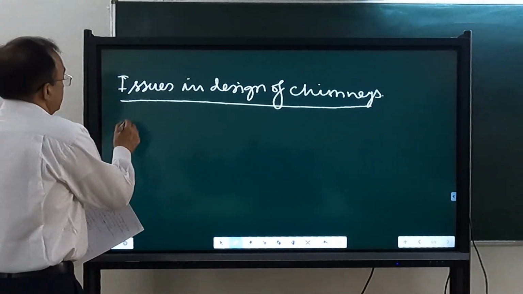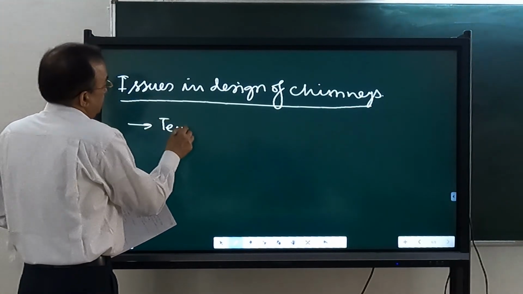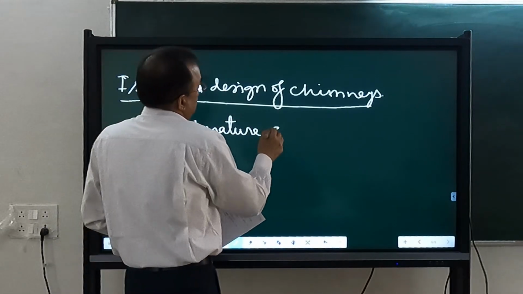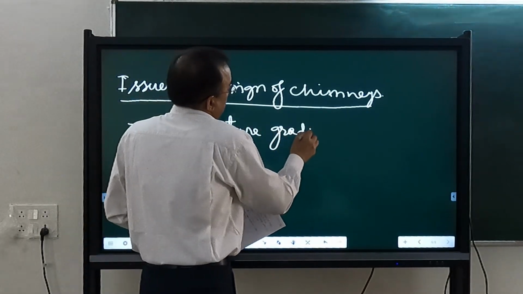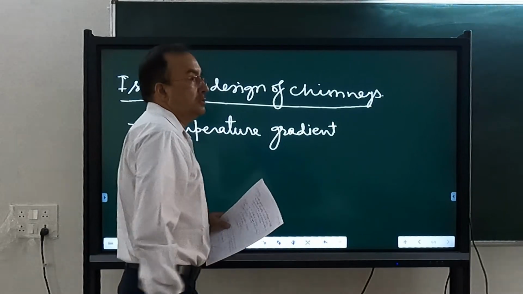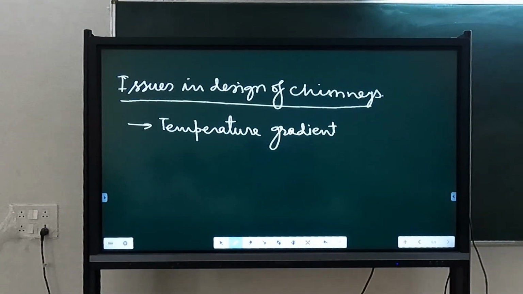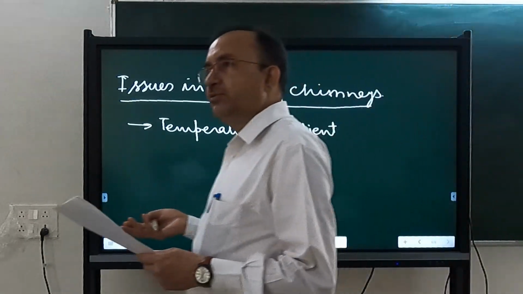One is temperature gradient. So generally the gases are hot. So the inner surface temperature will be much higher than the outer surface temperature.